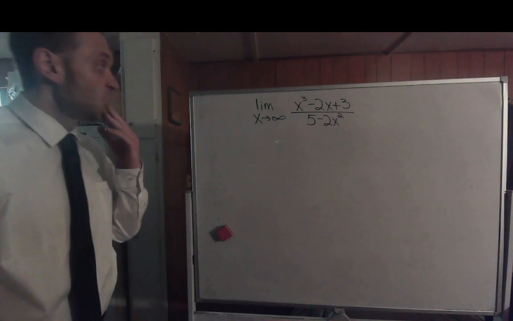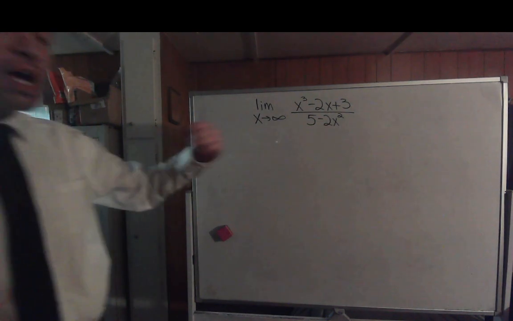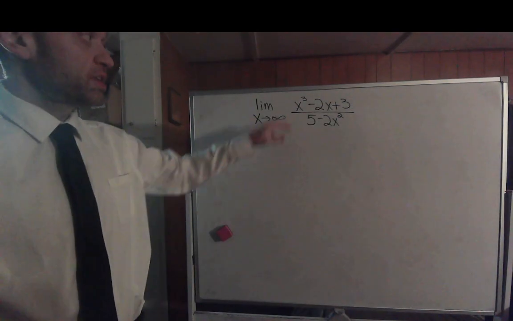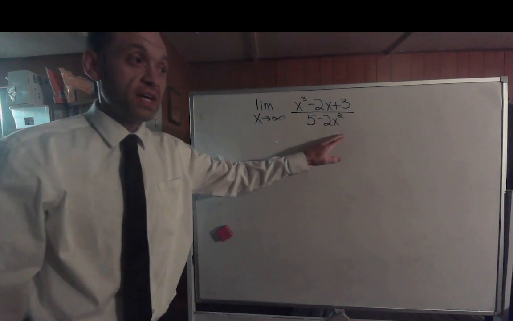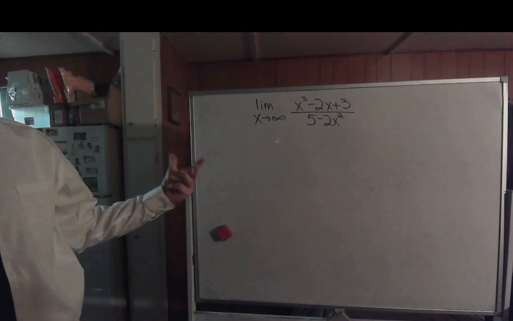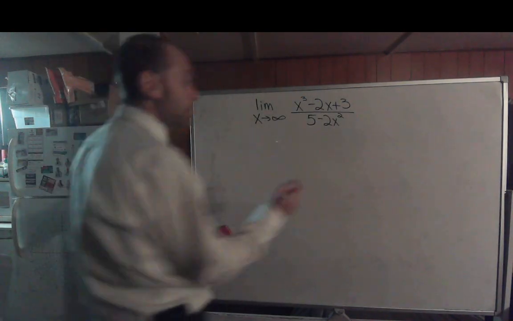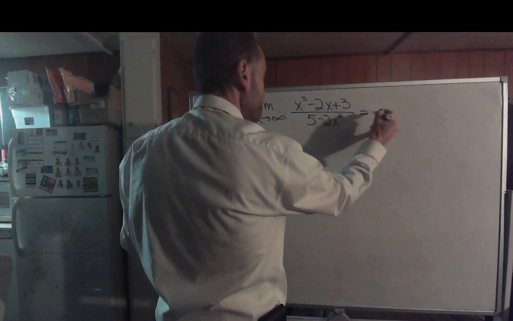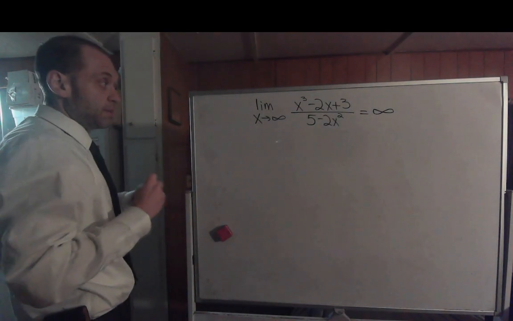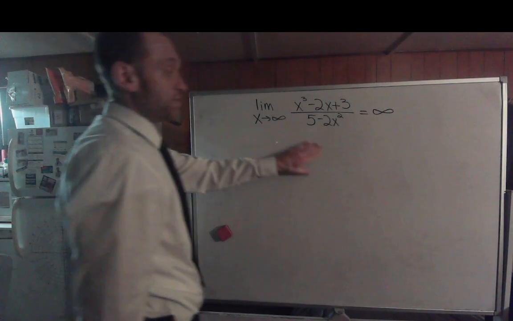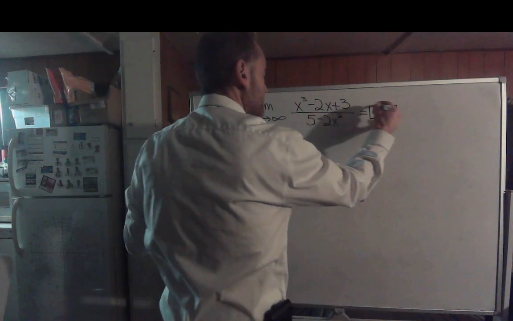So if I put in any value of x and it keeps going up and up and up, it's definitely going to increase faster for that value to the 3rd power over to the 2nd power. That means eventually you're going to get to infinity. It just keeps going up and up and up. So in this case, the limit as x approaches infinity of this function would be positive infinity. That would be the value of your limit.